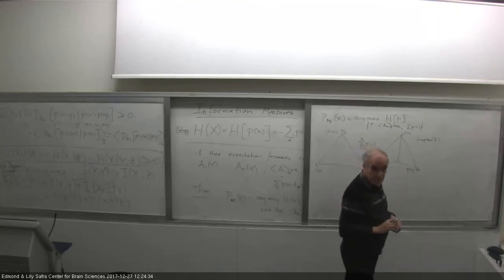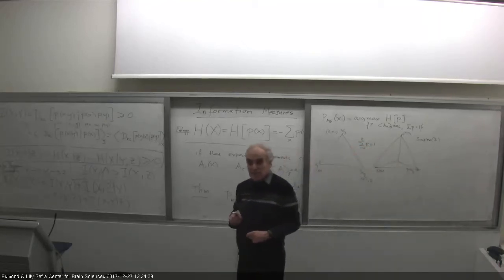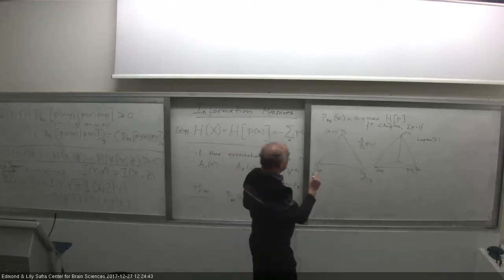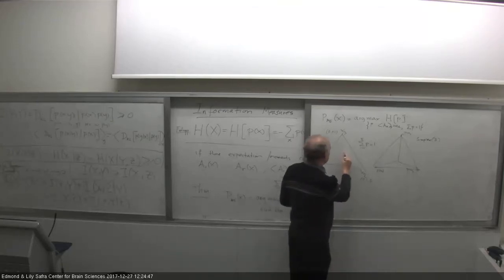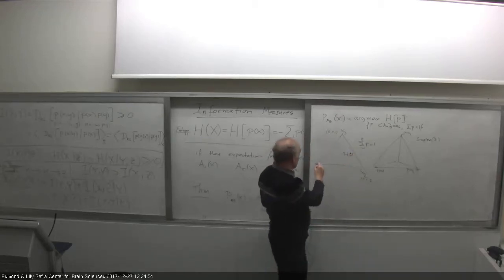So how does the entropy function look in the simplex? It's maximized at the center of mass. We know it's maximum in the middle, which in this case is one third, and we know it's actually 0 in the corners.